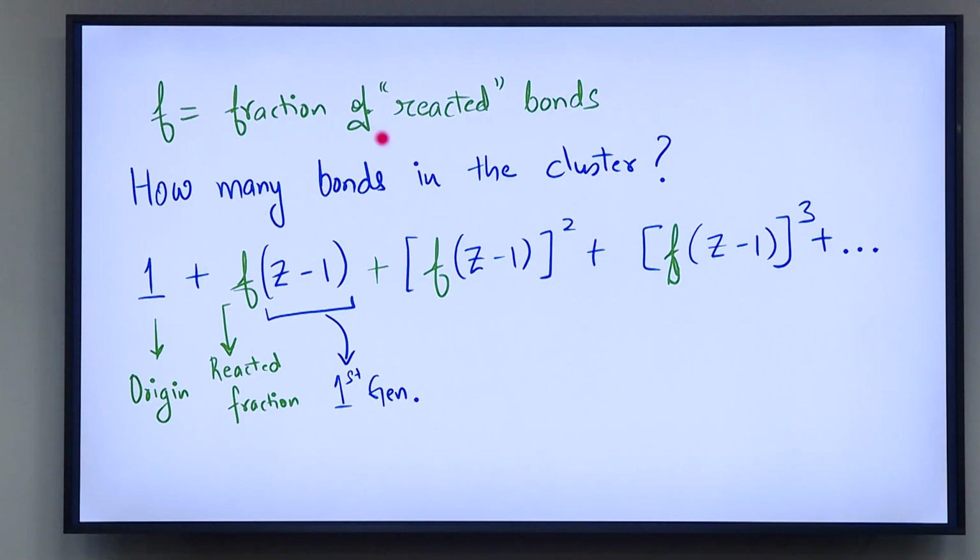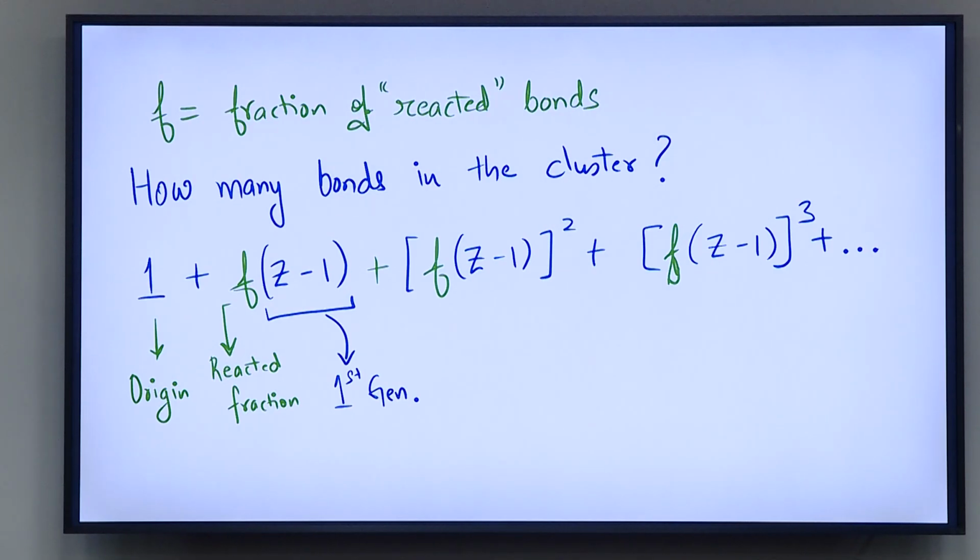F is the fraction of reacted bonds. We have to give some number. What percentage or what fraction are reacted? What percentage of people are connected so that they are transmitting fake news? F. How many bonds are there in the cluster? Now you made a cluster of all these bonds which are there or not there. And how many bonds are there in the cluster? Start with the origin.